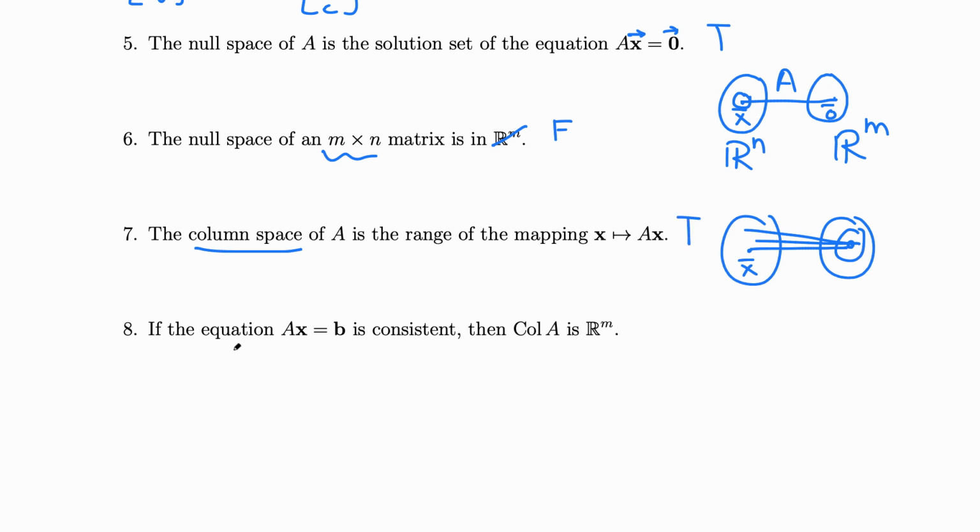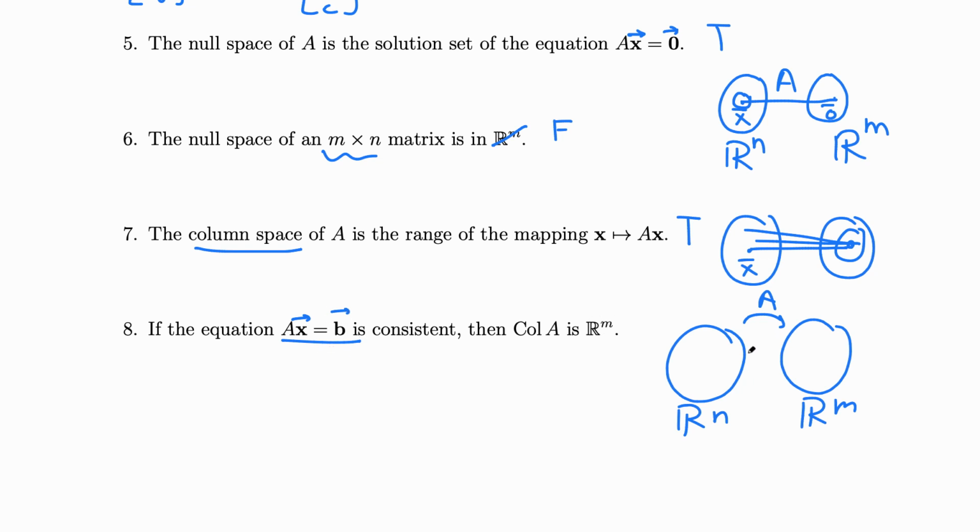If the equation Ax equals b, where b is a vector, is consistent, then the column space of A is Rm. We have Rn mapping to Rm, and A is a matrix mapping this to this, so A is m by n. Ax equals b is consistent, then the column space of A is Rm.